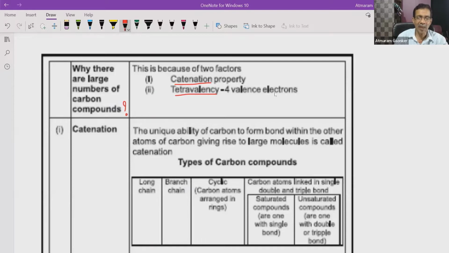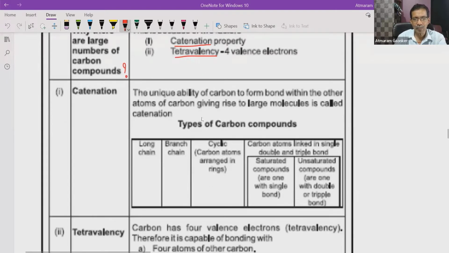That's why it is called tetravalency. Tetra meaning 4 and valency meaning valence electrons. That is why there are a large number of carbon compounds, because of these two things, catenation and tetravalency. So we will see each of these factors, what is catenation and what is tetravalency.